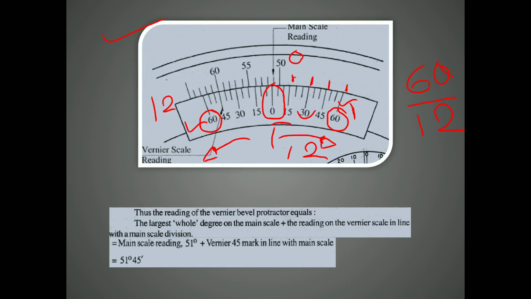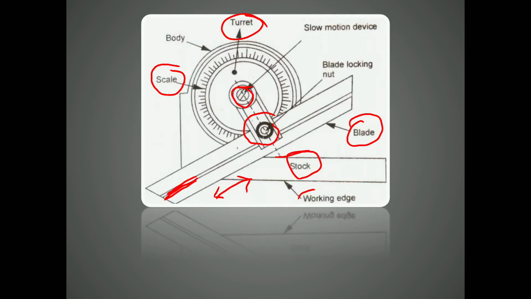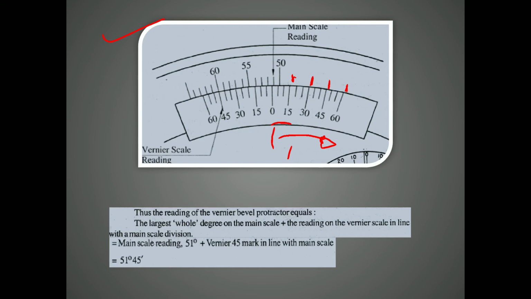So I am taking 12 lines; 12 fives are 60, so the least count will become 5 minutes. So LC is equal to 5 minutes. So the least count of a vernier bevel protractor is 5 minutes. Further, in the practical session we are going to discuss the least count of the vernier bevel protractor. Here you can see how exactly the reading is taken. Let us see.